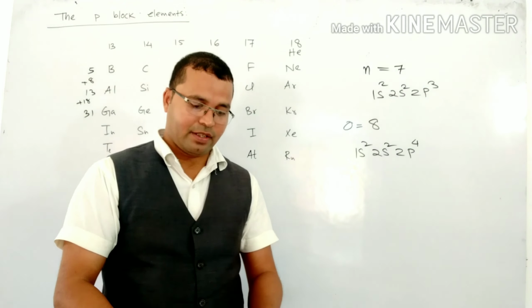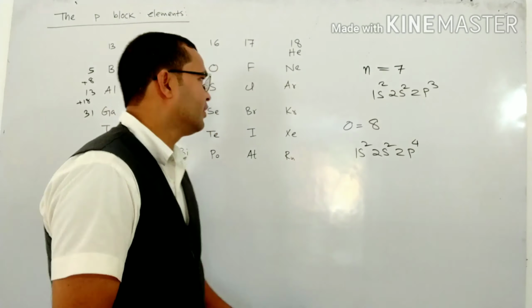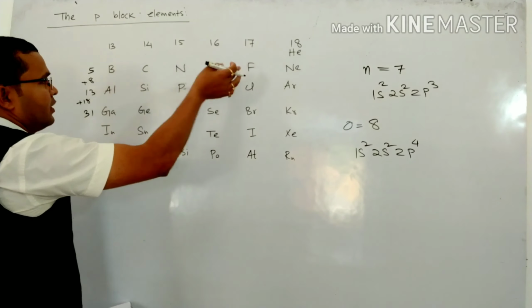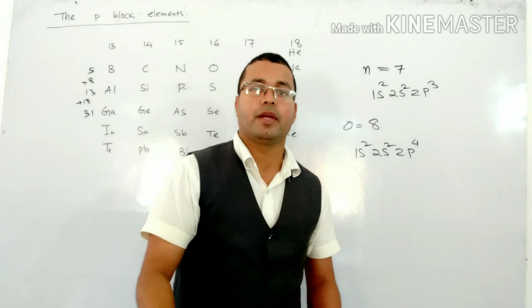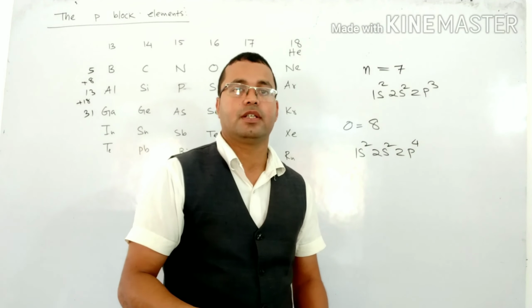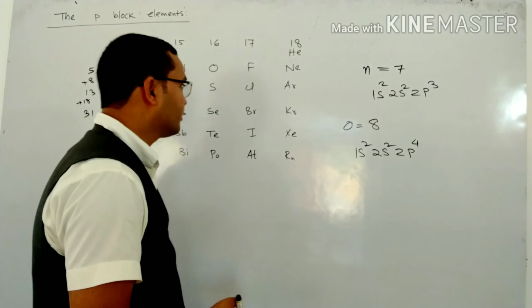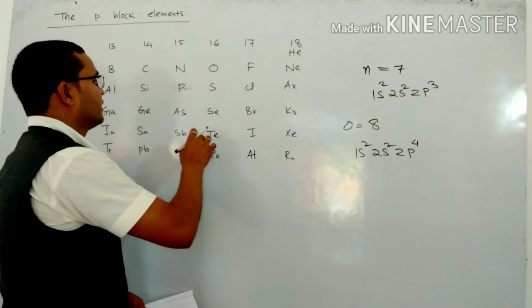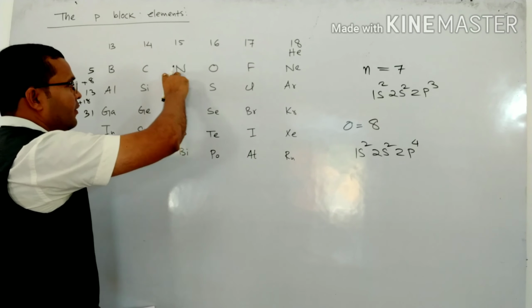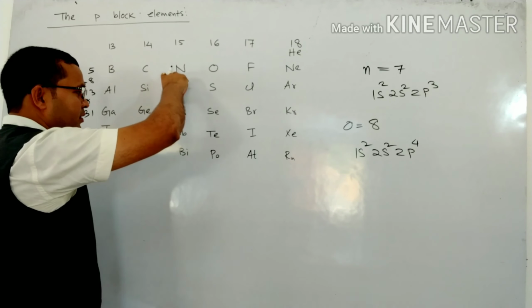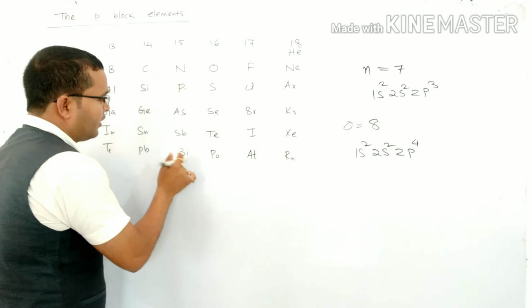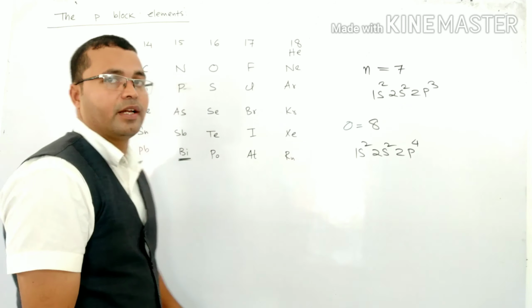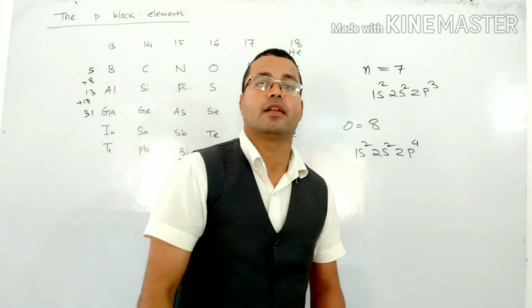And ionization energy, same. Left to right it increases, and it is very difficult to remove an electron. That's why non-metals generally gain and share electrons, and metals donate electrons. And going down the group, ionization energy decreases. For example, in this group nitrogen has the maximum ionization energy, and bismuth has the lowest ionization energy. That's why bismuth can donate electrons and behaves like a metal.